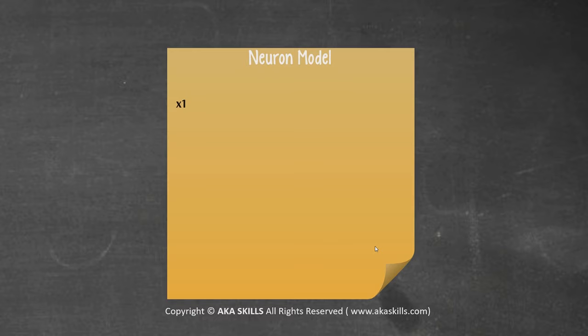Imagine we have inputs like x1, x2, and x3. Then, like you remember from the last video where we saw the dendrites, we're going to feed these inputs through dendrites to a cell.